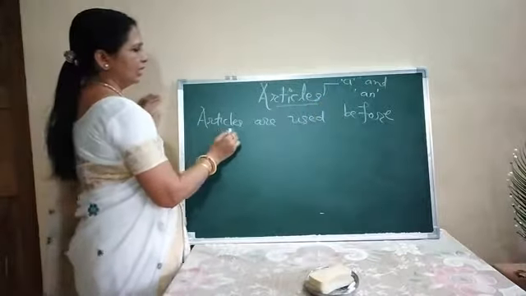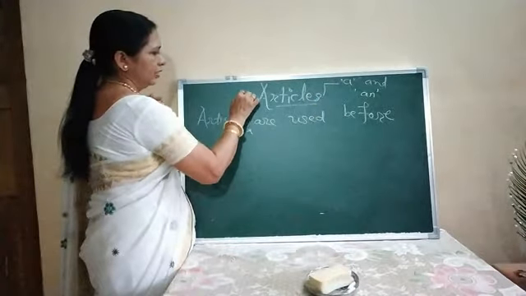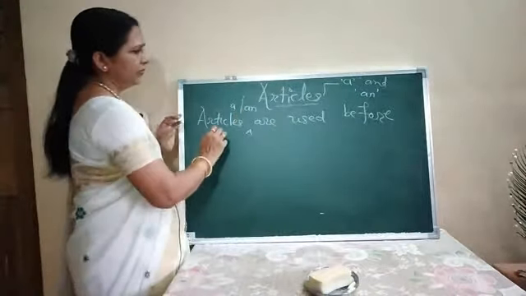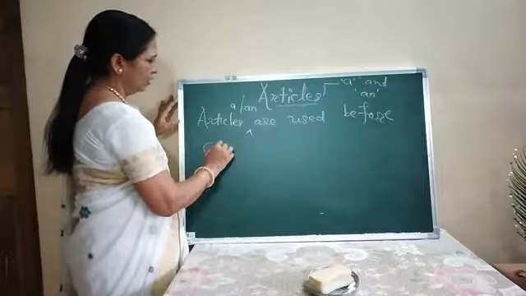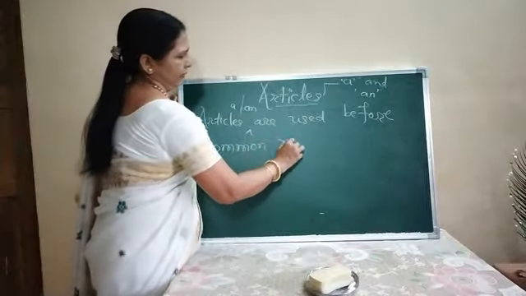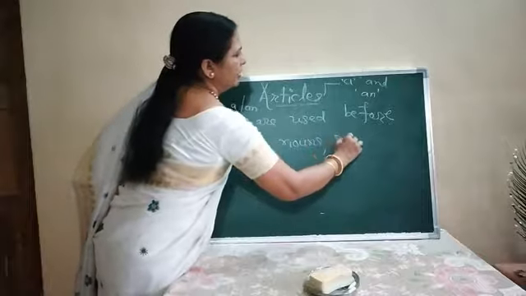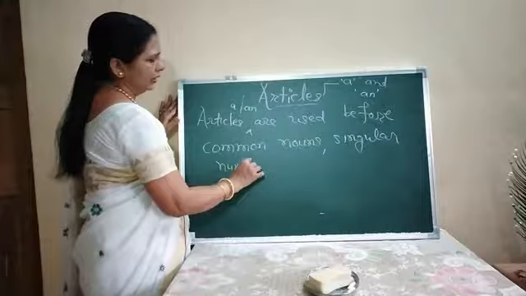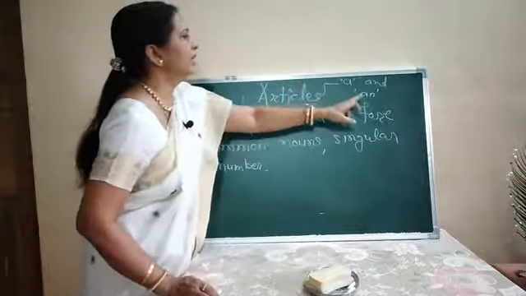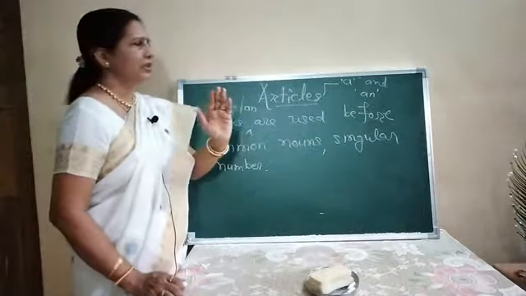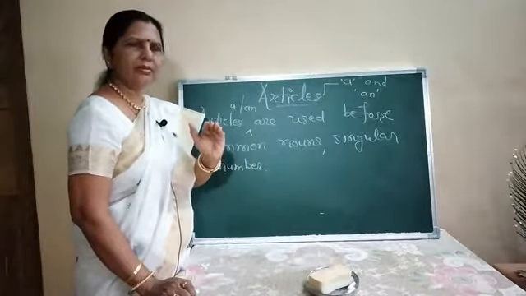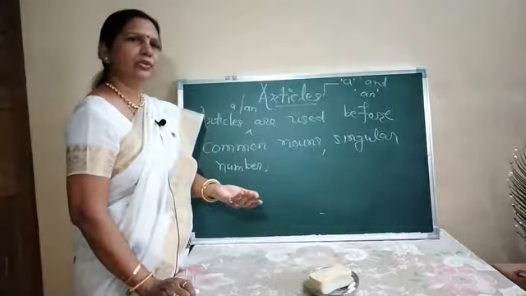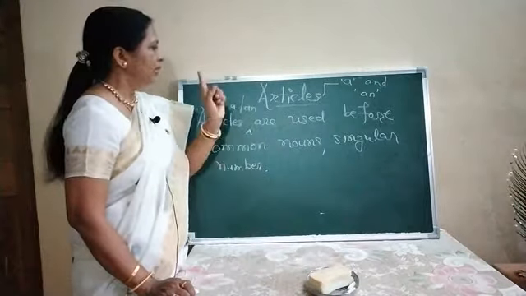So, the articles a or an are used before common nouns, singular number. Now, it may be the case of a, an or the. Sometimes we pronounce the one way, sometimes another way. I shall teach you when I teach you the article the.